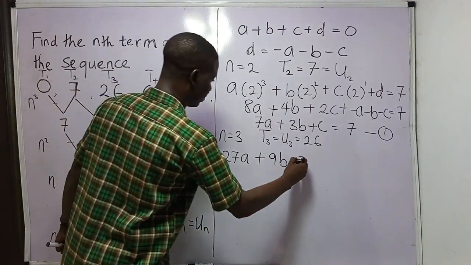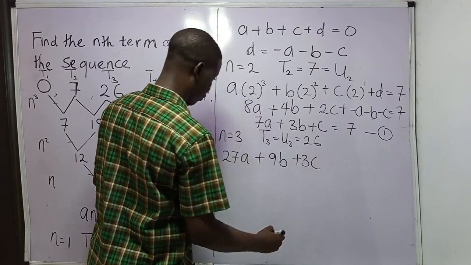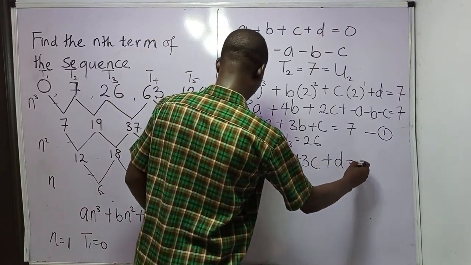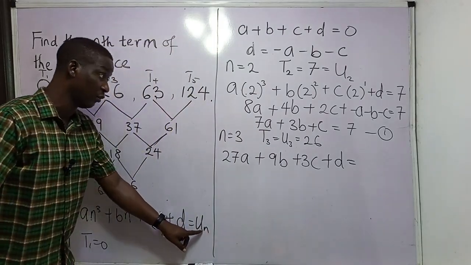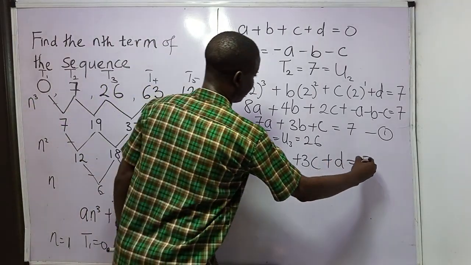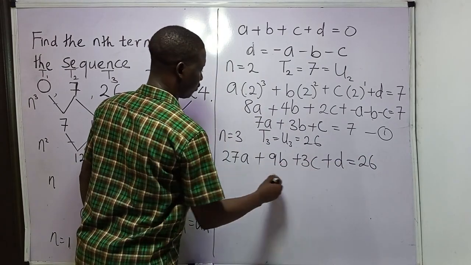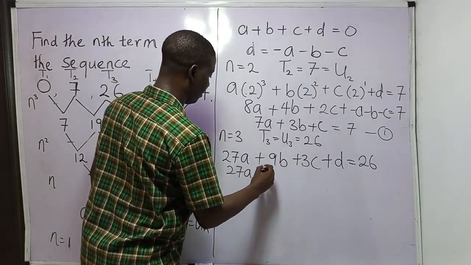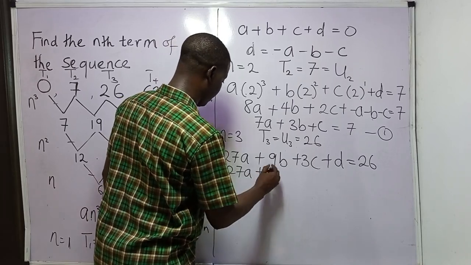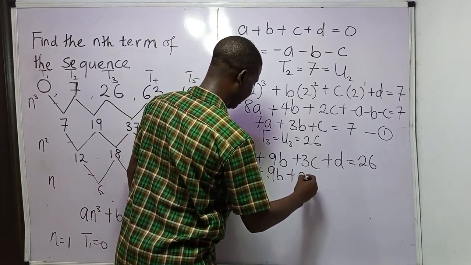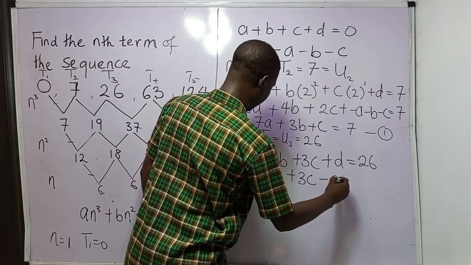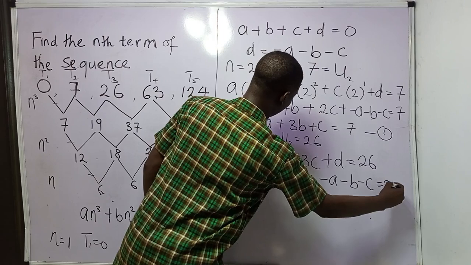Then put 3 here, we have 3c plus d equal to u3, which is 26. But our d is already minus a minus b minus c. So 27a plus 9b plus 3c minus a minus b minus c equal to 26.